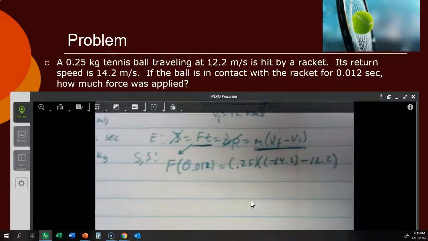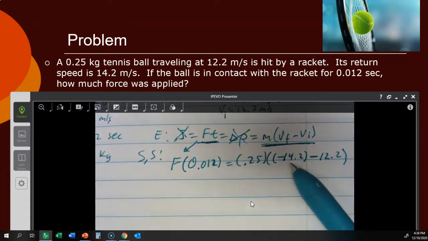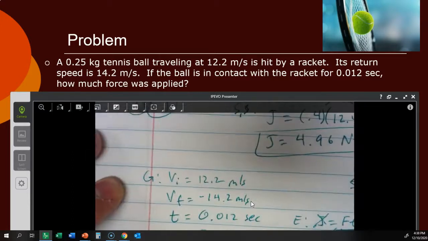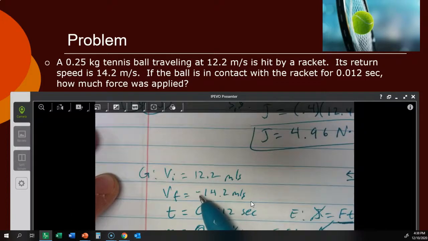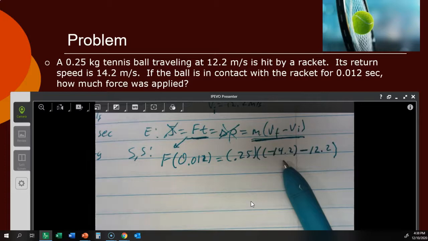Zoom in on that a little bit for you so you can see how we're substituting those numbers. If the velocity is negative, it's got to go into the equation as negative, regardless of this minus. This minus is just a part of the equation. It's got to stay there. So our final velocity is negative 14.2. It's got to go in as negative here.